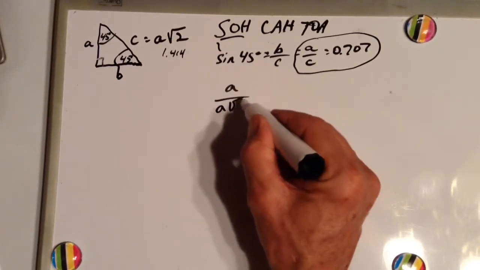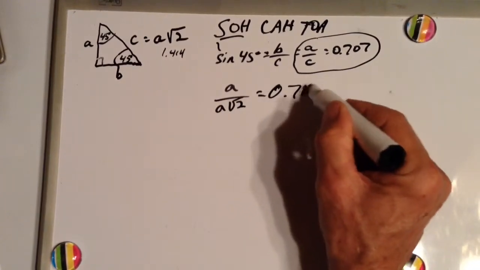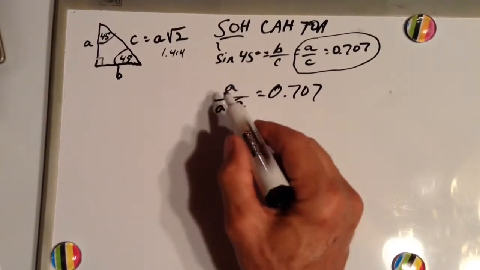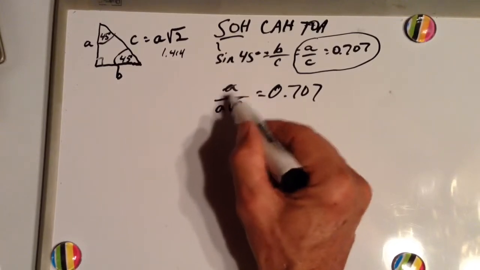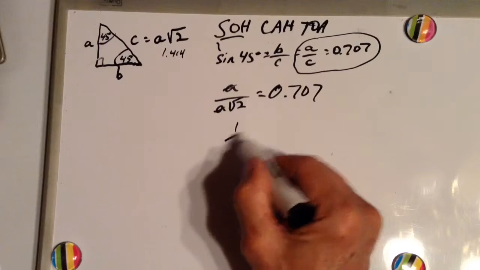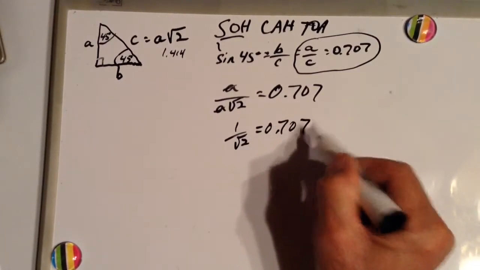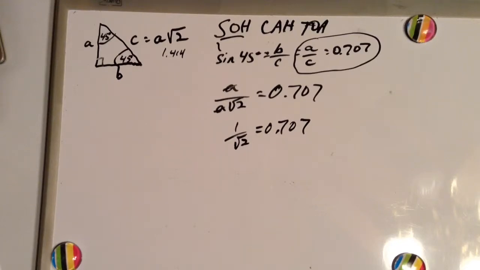A times the square root of 2 equals 0.707. So you have A divided by A, they cancel out, they equal 1. So you have 1 divided by the square root of 2 equals 0.707. And this is indeed the case.